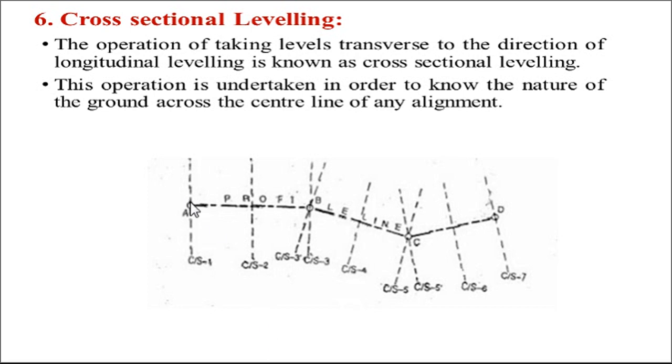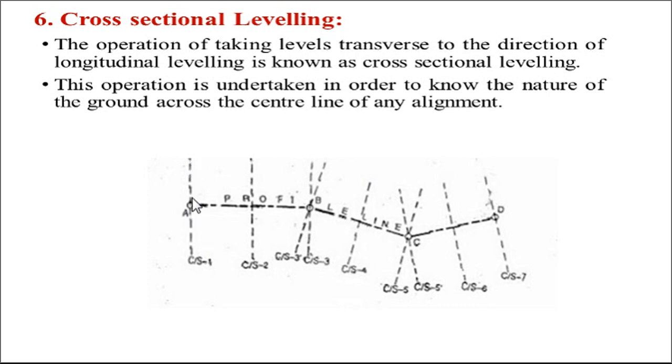So suppose this is the center line of any road project and depending upon width we have to take the perpendicular lines like this, and on this line also at a certain distance we have to take the reading, and such a leveling is called cross sectional leveling.